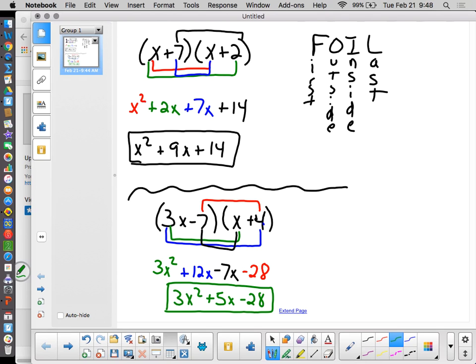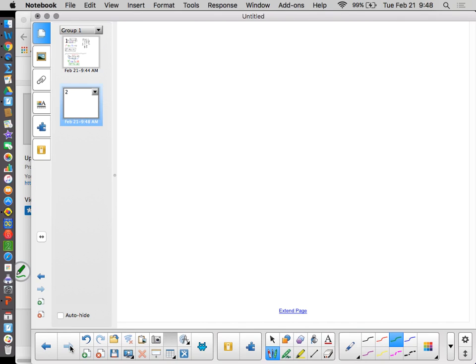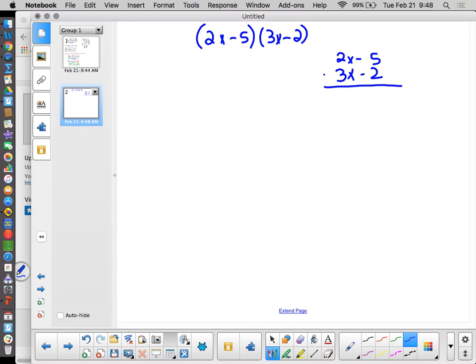Some of you may have learned this through the long multiplication method. It's doing the same thing. If I have, say, 2x minus 5 times 3x minus 2, if that's what I'm trying to multiply out, some people may have learned it this way. Write it 2x minus 5 times 3x minus 2, and then we multiply the negative 2 times the negative 5 is a positive 10.